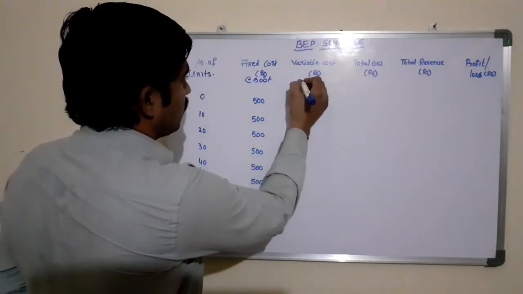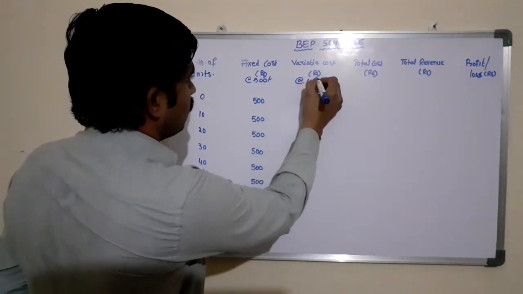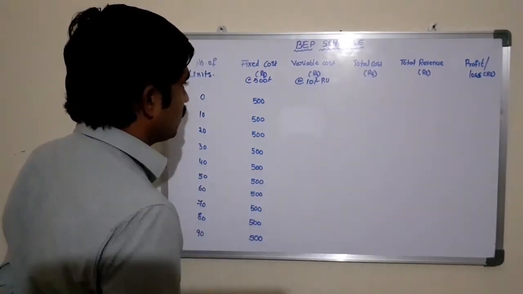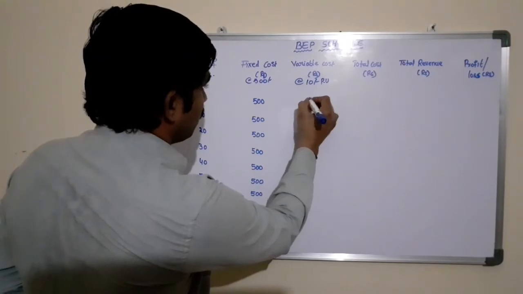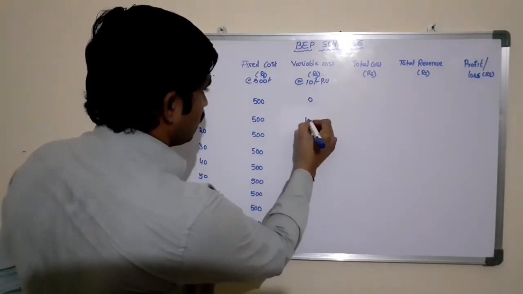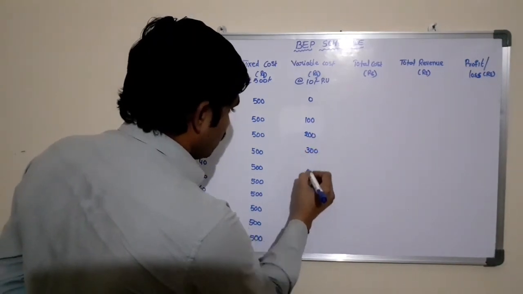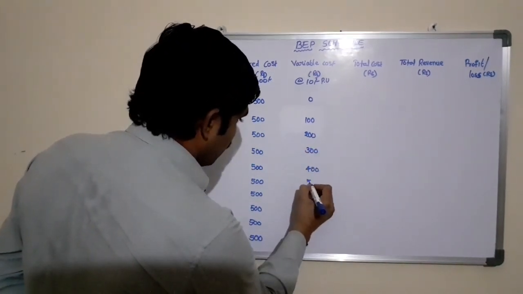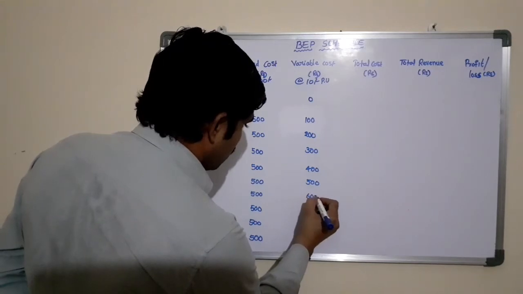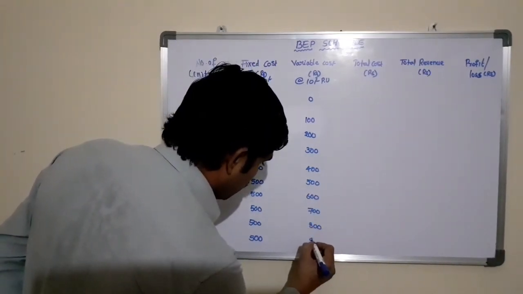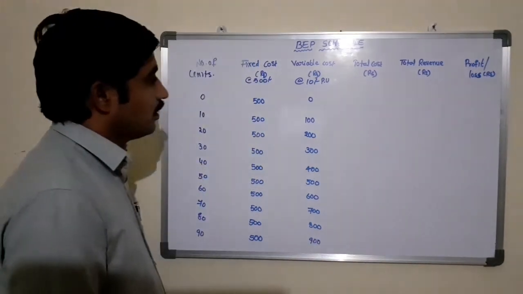Variable cost is 10 rupees per unit. Here at 0 production there is no variable cost. Then 100 rupees, 200, 300, 400, 500, 600, 700, 800 and 900, right?